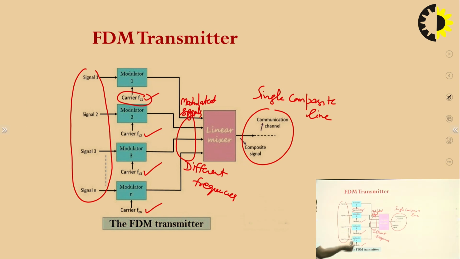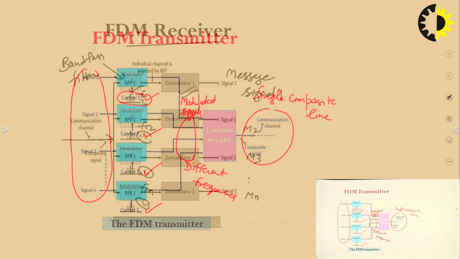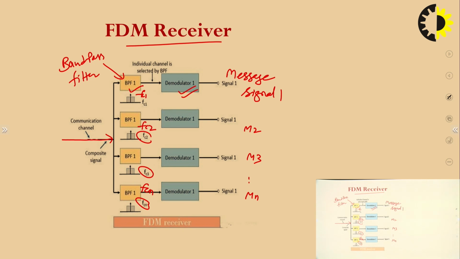Different frequency slots are given by modulating the message signals using different carrier frequency signals. And then at the receiver, using band pass filters of different frequencies, we can separate the different frequency signals from the combined channel.